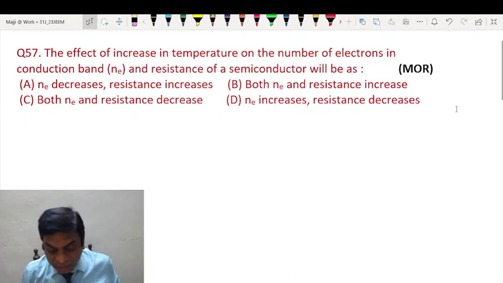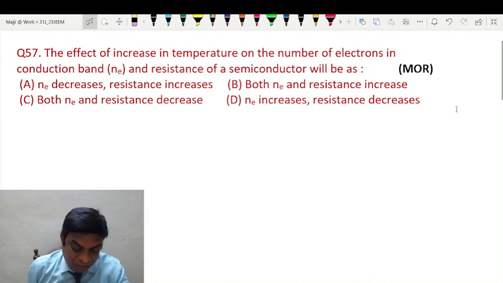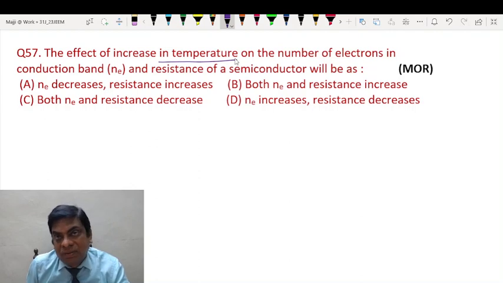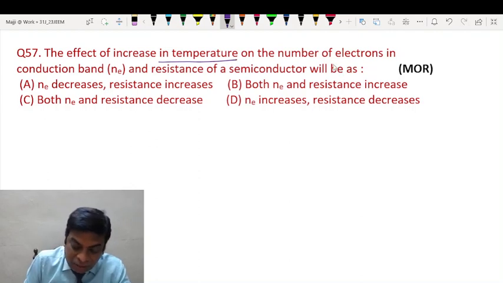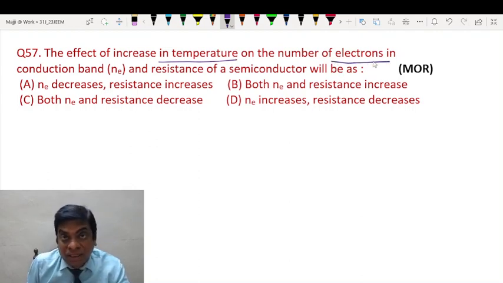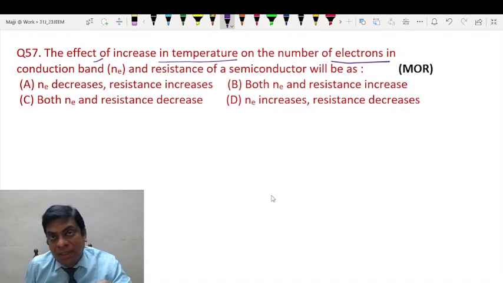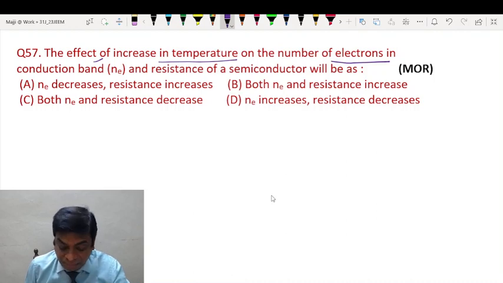The effect of increase in temperature on number of electrons in the conduction band and resistance of the semiconductor. As we all know, when we increase the temperature, basically we are imparting more heat energy to the substance. So all the electrons present in the valence band will be able to absorb this heat energy and they'll be moving on to the conduction band by overcoming the energy difference which is known as the energy gap.